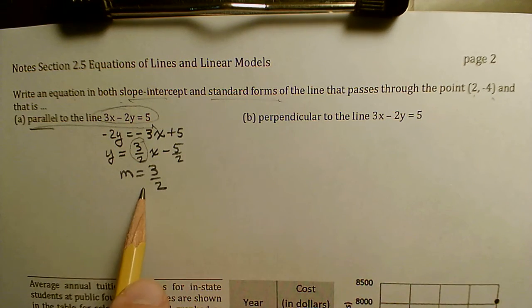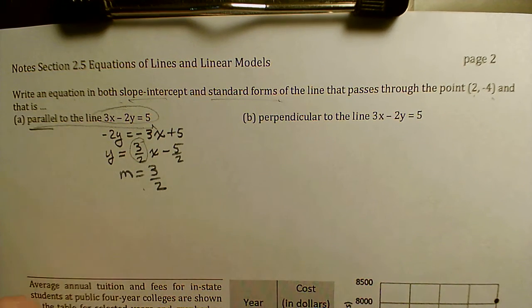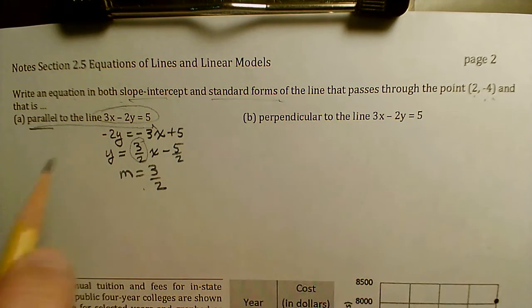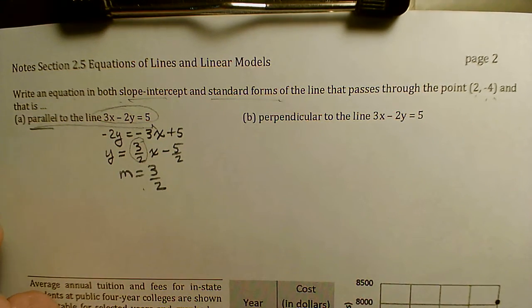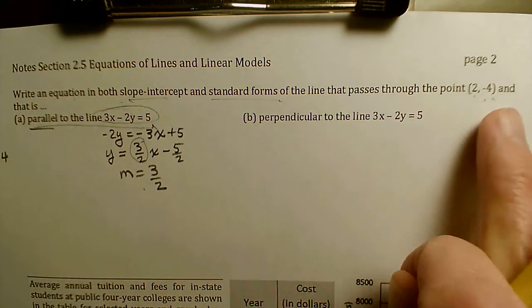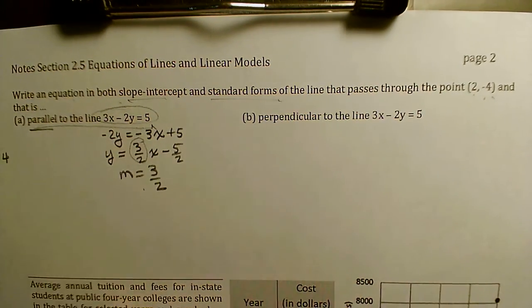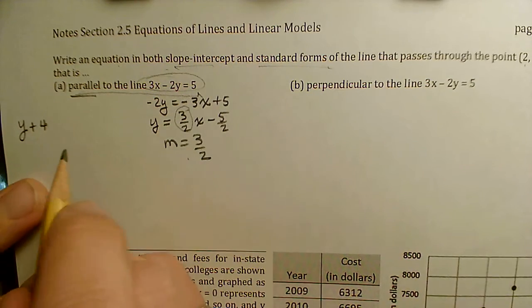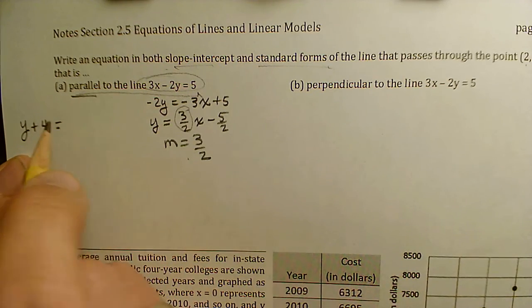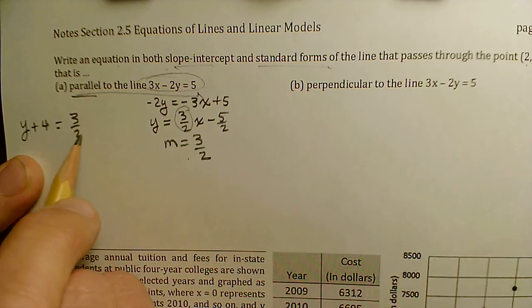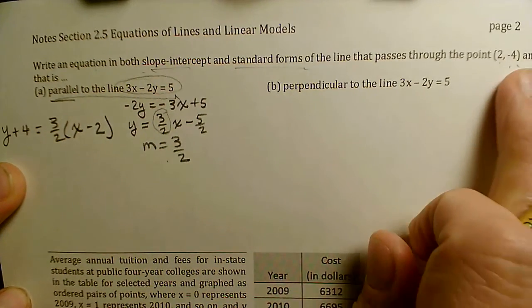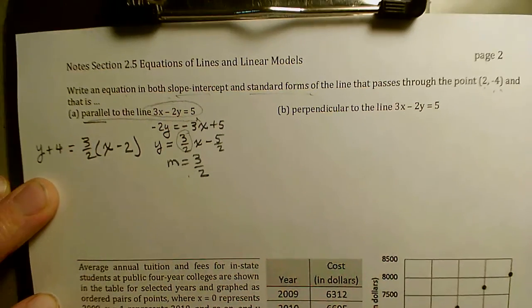So ours is also 3/2. All right, so let's go ahead and just put it in point-slope form. So we know a point that it goes through. So we have, again, y plus 4. We're just simply plugging the coordinates in. Sorry, that's off your page there. Y plus 4 is equal to the slope, 3/2, times x minus 2, which is the x coordinate of that point.